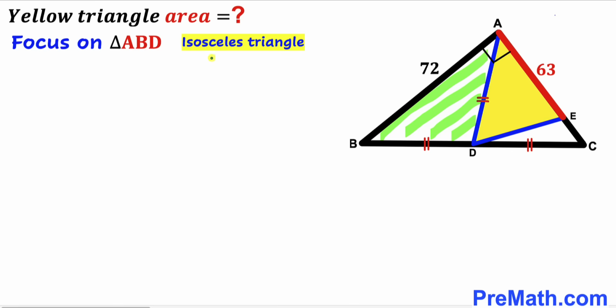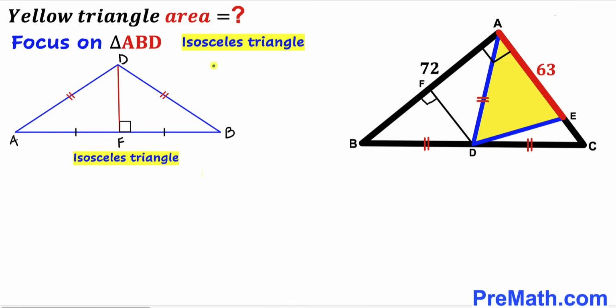And now let's focus on this triangle ABD. We can see this is an isosceles triangle, since this side length equals this side length. And here I dropped a perpendicular DF on this side AB. And here we got another crucial fact. We got this isosceles triangle ABD, and furthermore, DF is the perpendicular on this side AB.